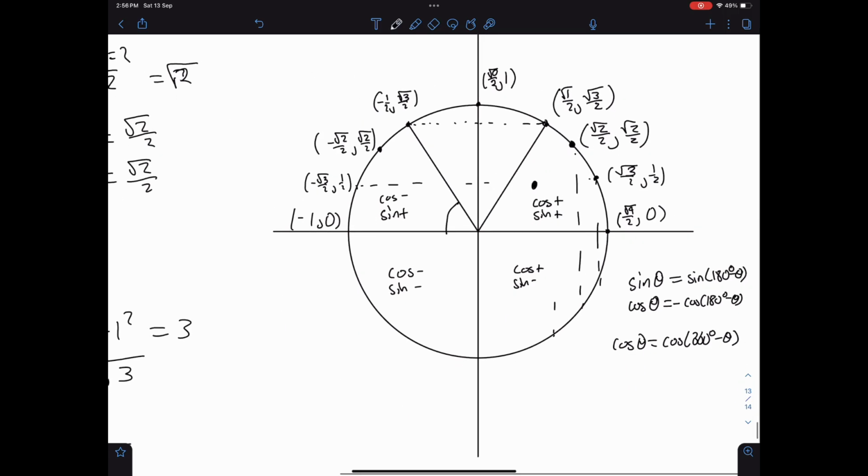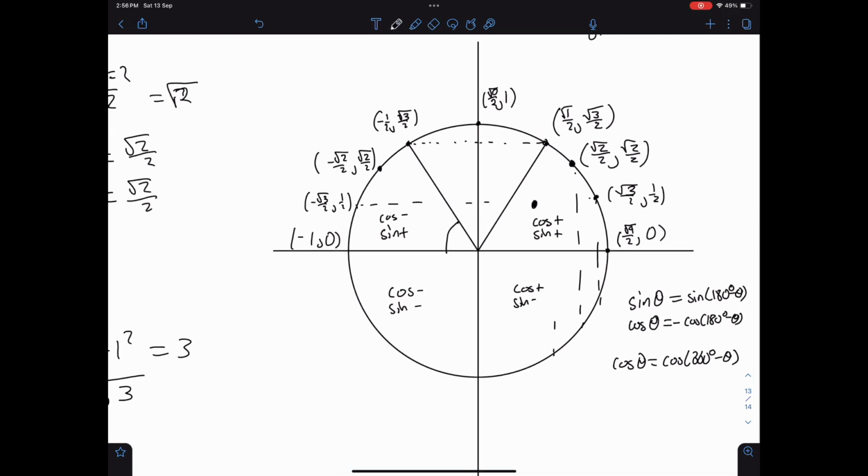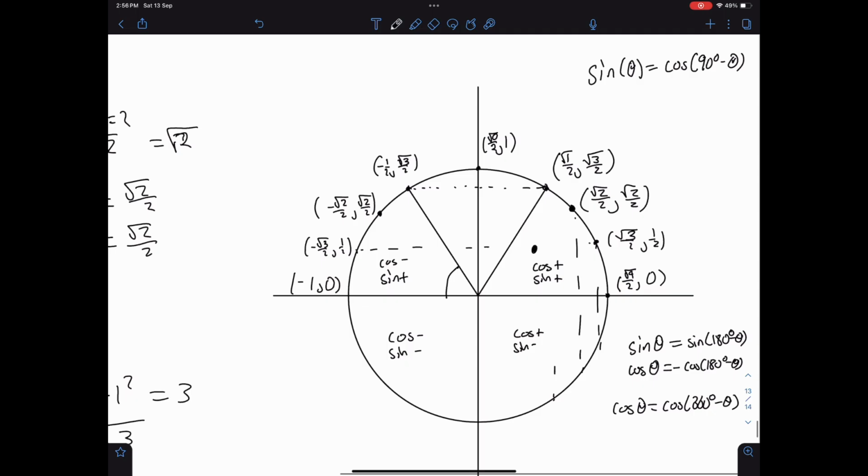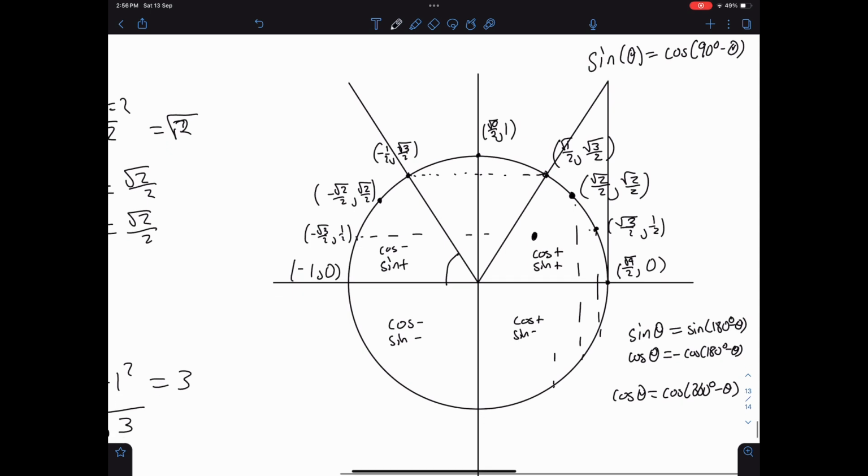Now let's think about involving tangent in here. When we elongate the tangent out here, because the tangent line is defined as being at x equals 1, we still have to do this like this.